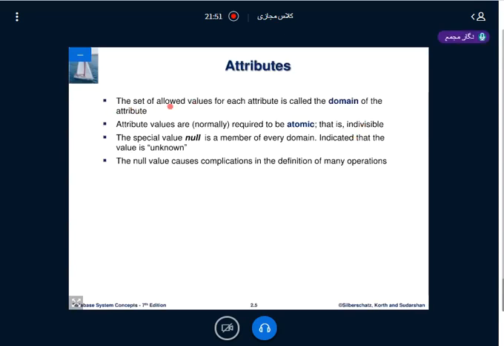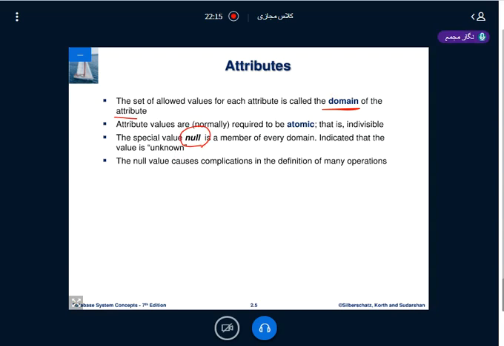And as you can see here, the set of allowed values for each attribute is the domain. As I said, domain is the range of values that an attribute can have. Another thing is null.